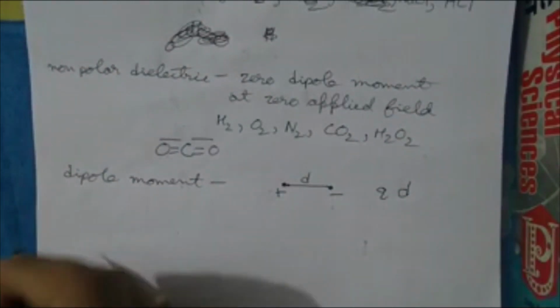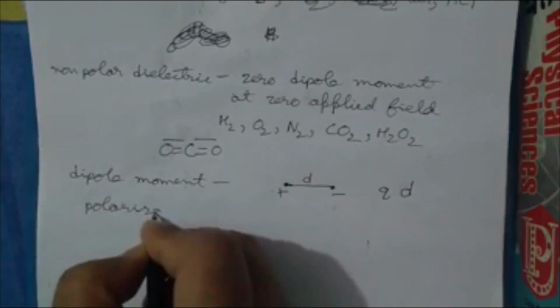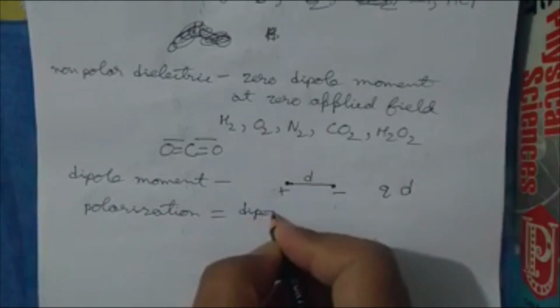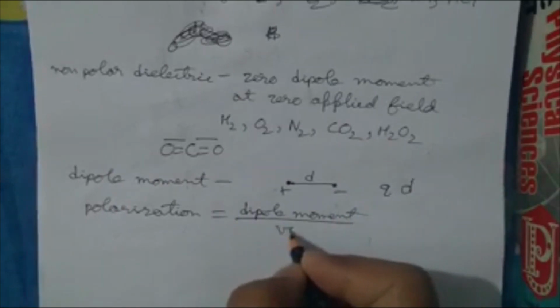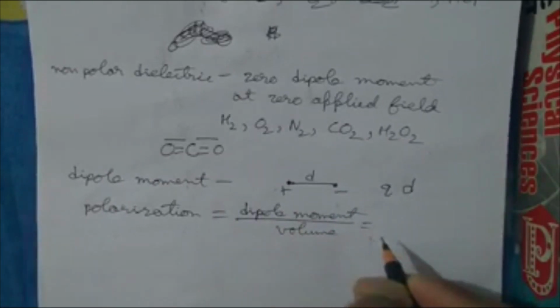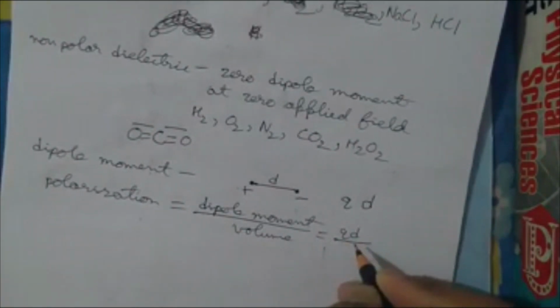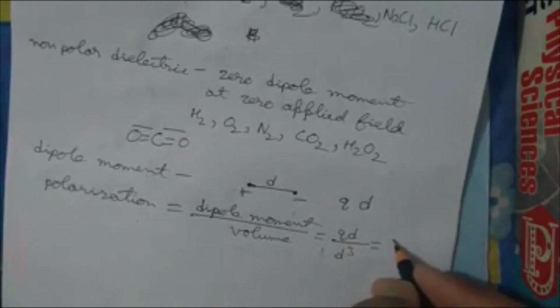Okay, now polarization is what? Polarization is given as dipole moment per unit volume. Now dipole moment is Q into D. Volume will be, say, D cube. So this will be Q by D square.